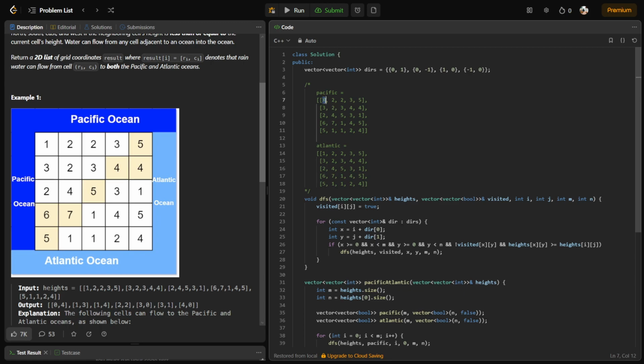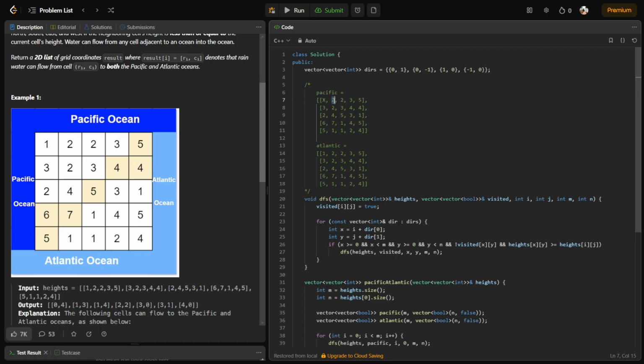So I'll mark this as 0, and then from there on, I am recursing to see whether or not the height is more than the height that I'm going to, which is x and y over here. We have calculated which direction we're going to, is more than our current height. So for this instance, since this was 1 originally, this was 1.